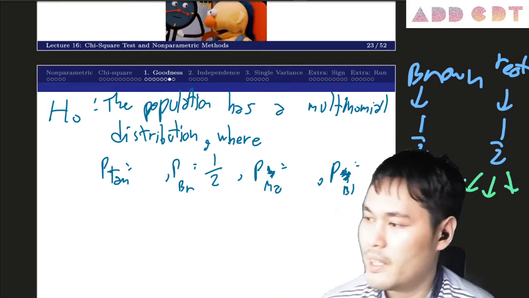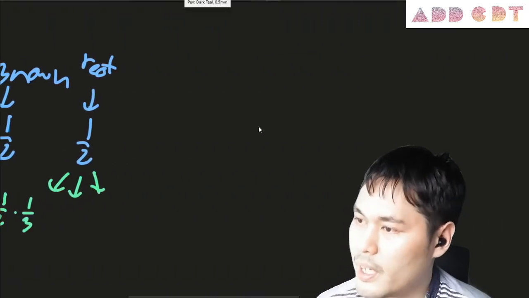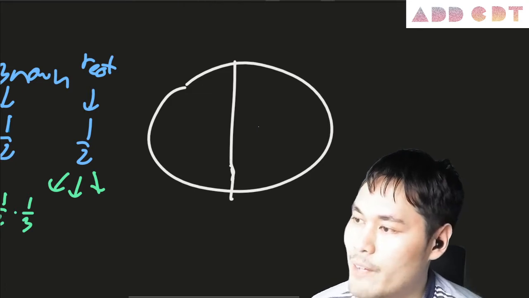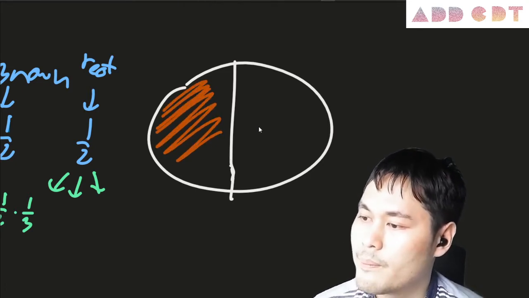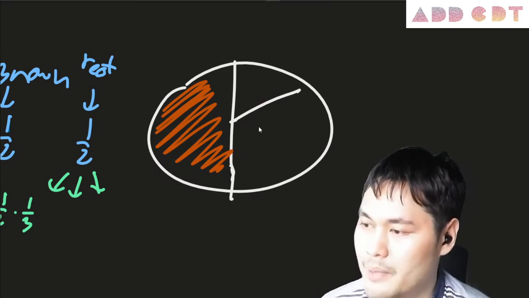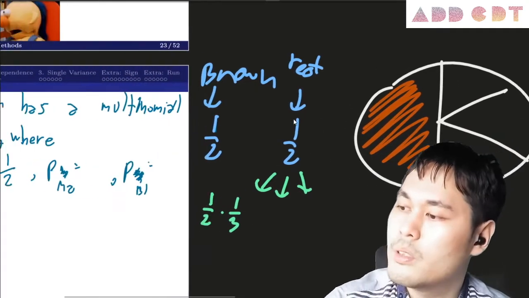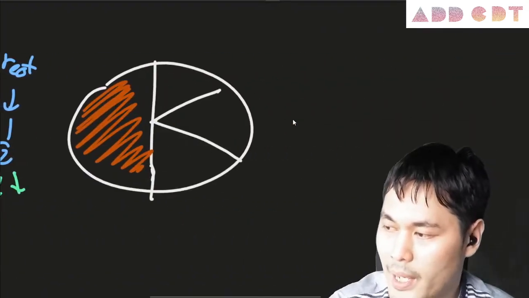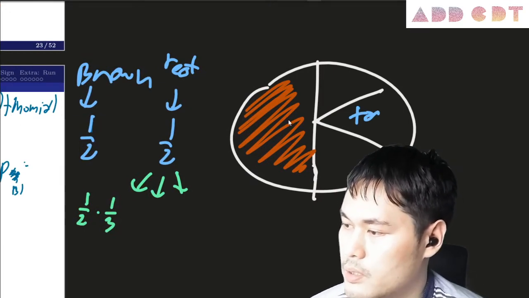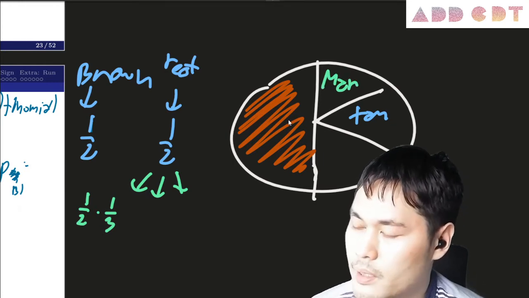Let's look at this pie chart. So half of this is brown, right? The rest is the rest, but since we believe that the rest is divided into 3 equal pieces, we have tan, maroon, and black. So this is tan, we believe this is maroon, and this is black.